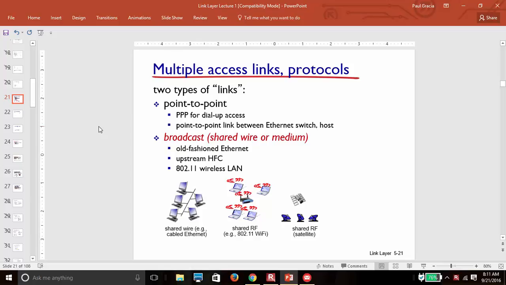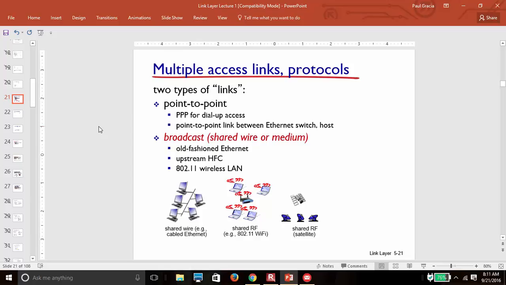An example of a point-to-point link would be dial-up access. Also, if you're connected to an Ethernet switch, you have one cable from your host going right to the switch. That would be a point-to-point type of link.